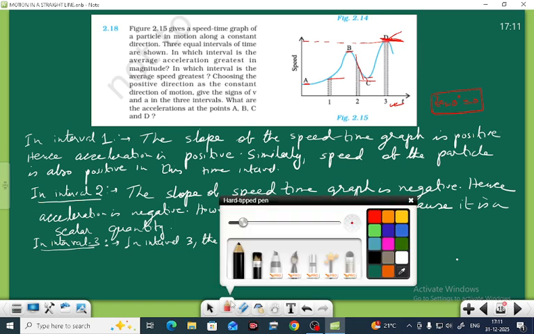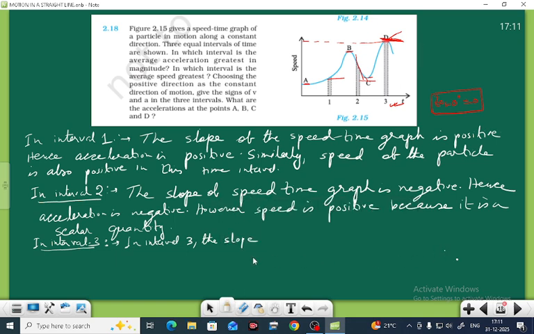So you can find that in interval 3 the slope of the speed time graph is 0. Hence acceleration is 0.